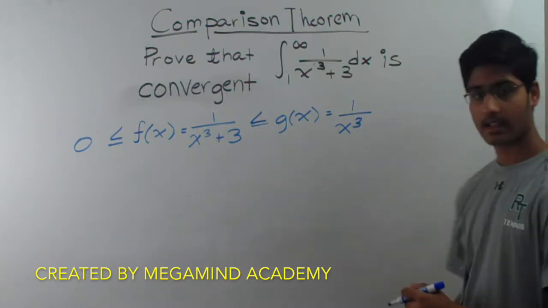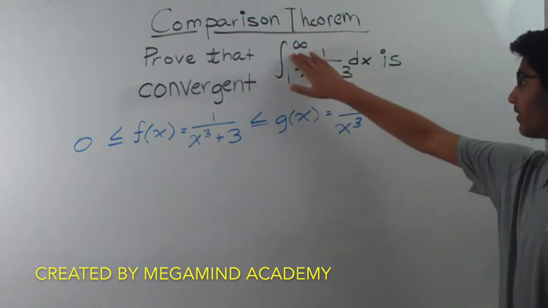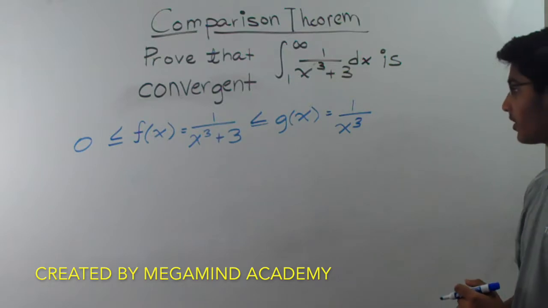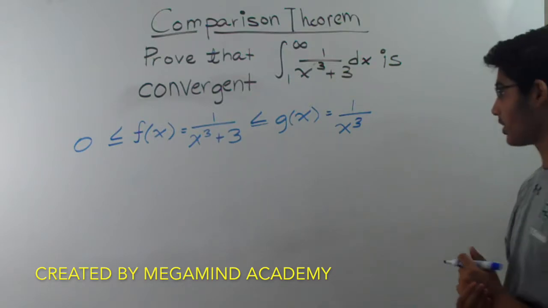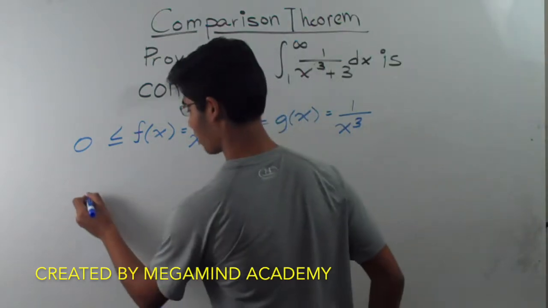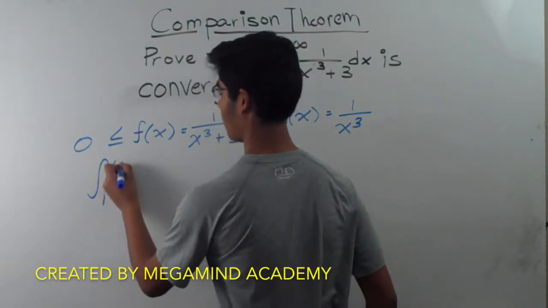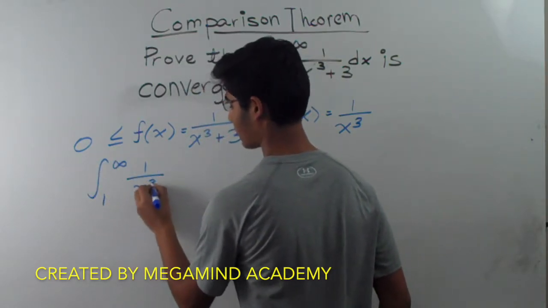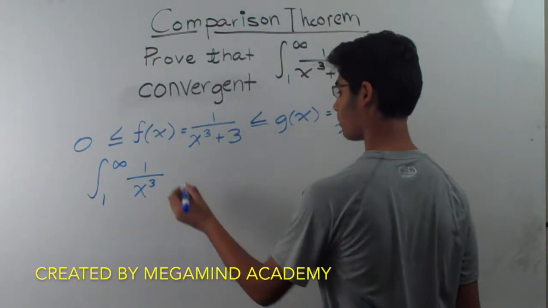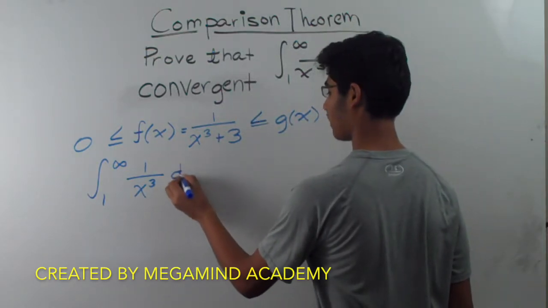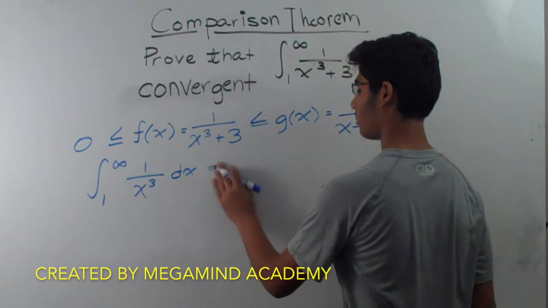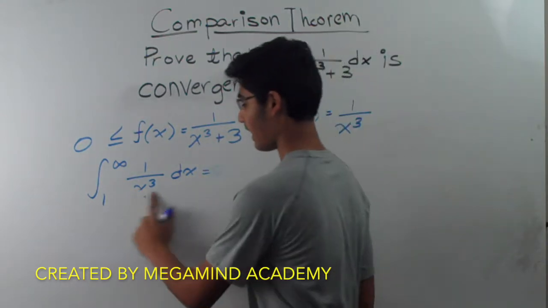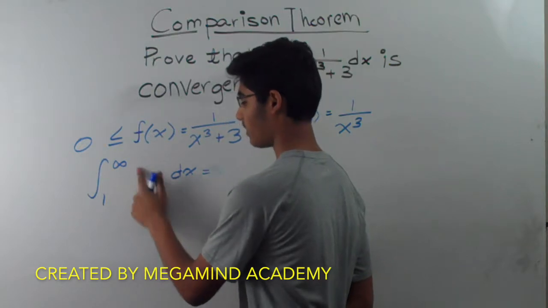So we know that the integral from 1 to infinity of g of x, which is 1 over x cubed, is convergent. But just to make sure, let's actually do it. So we have the integral from 1 to infinity of 1 over x cubed dx, which is the integral of x to the negative third power.